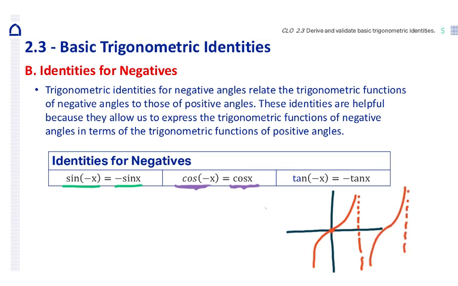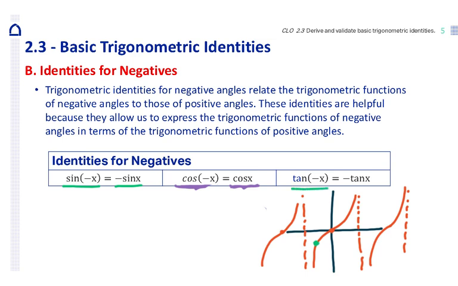Okay, and so let's look at what they're saying about negative angles. A negative angle, remember, you're moving to the left of a horizontal, so let's put an angle right there.